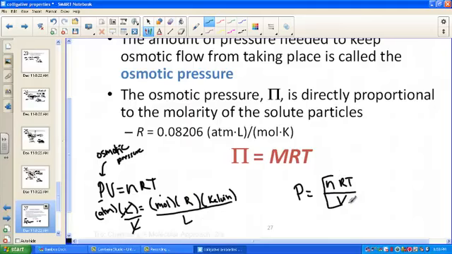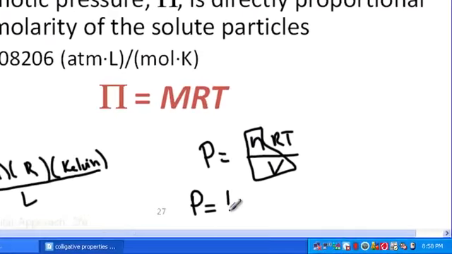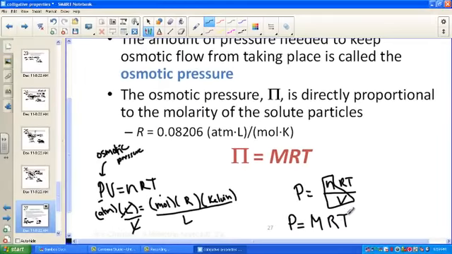Well, the very definition of molarity is moles per liter. Moles per liter is big M. The pressure is molarity times the gas constant R times the Kelvin temperature.